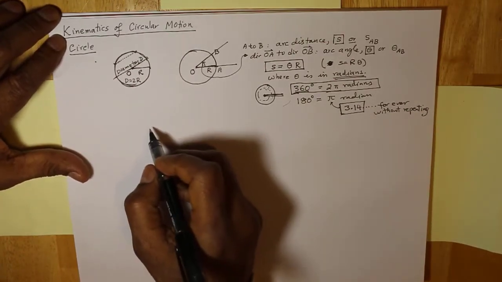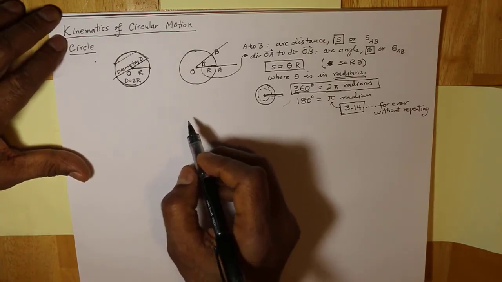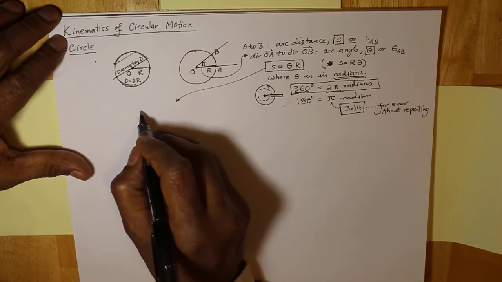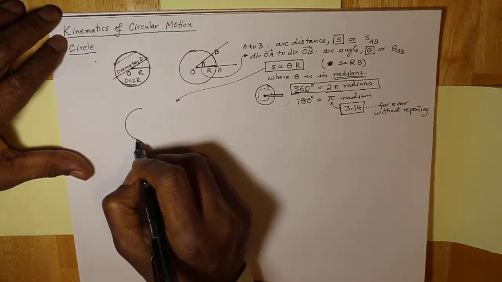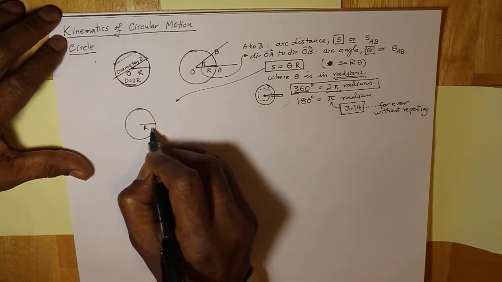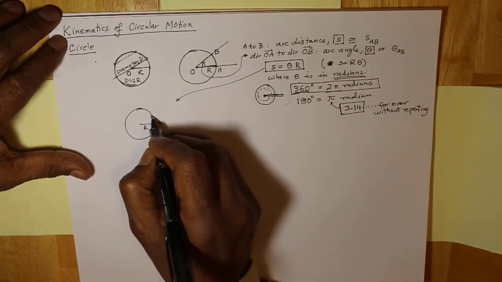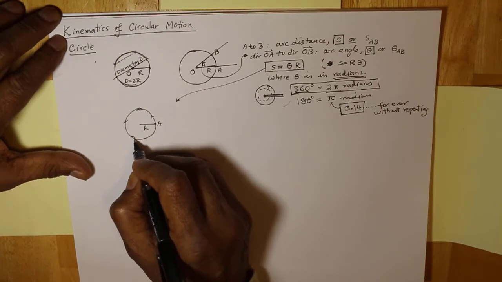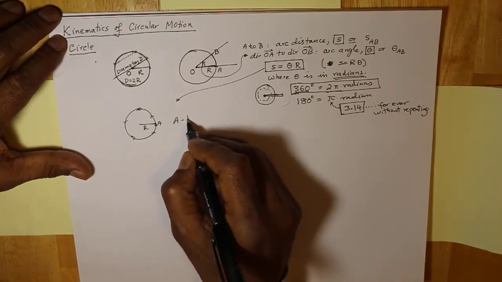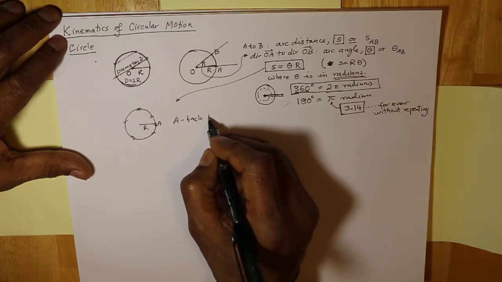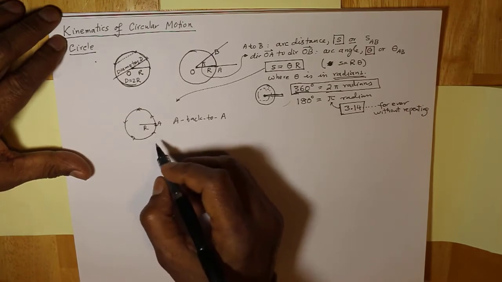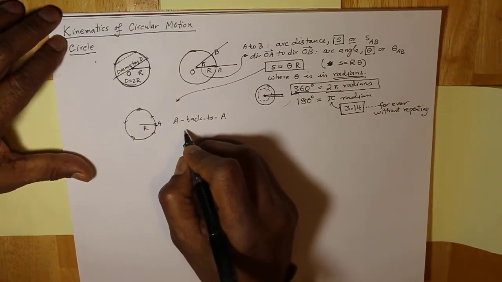So if I were to write this formula, how much distance will I go if I have a circle of radius r, I went from A all the way around, and I came back to A? Well, I would have gone a full circle, which is called circumference.